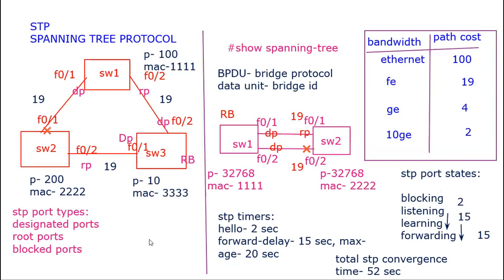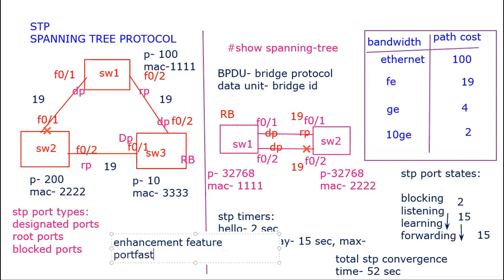So on the access port, you can avoid taking 52 seconds by configuring PortFast. PortFast is enabled on access ports to make the ports come up immediately without taking the 52 seconds convergence time.